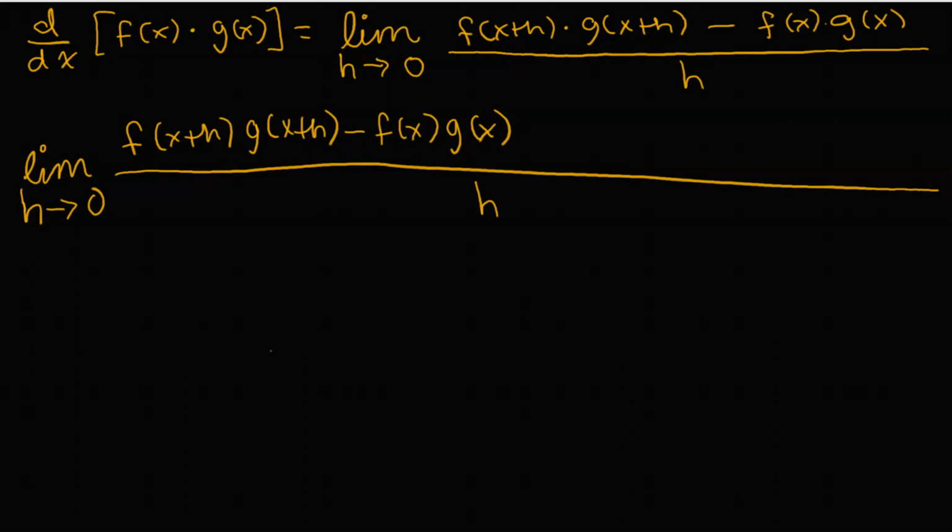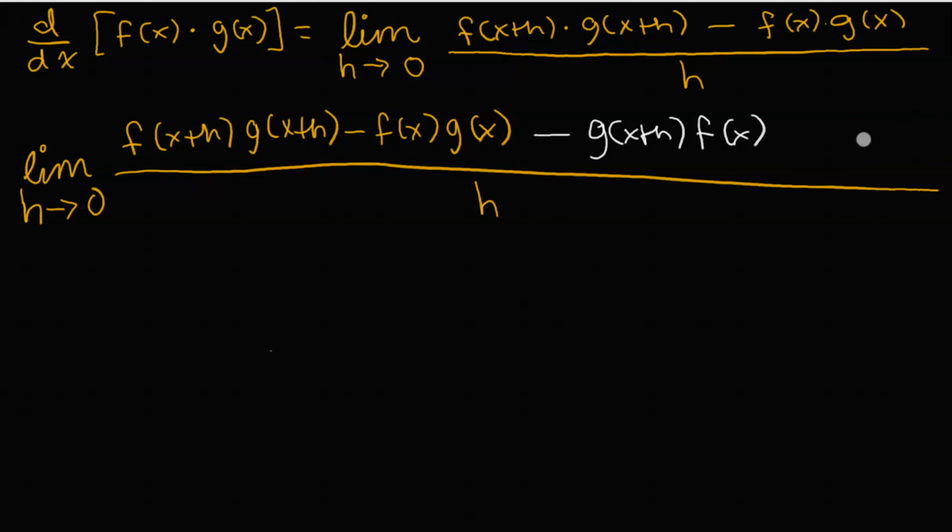And what is 0? 0 is this right here: g of x plus h times f of x, plus g of x plus h times f of x. Why is that 0? Because I add and then I subtract it right out.